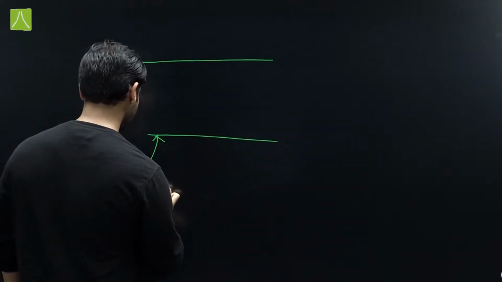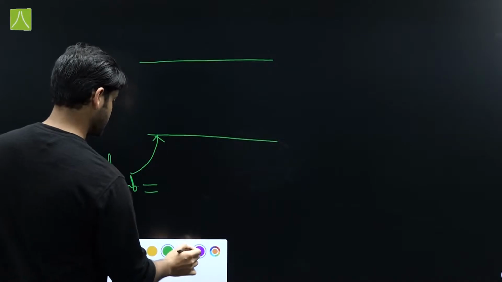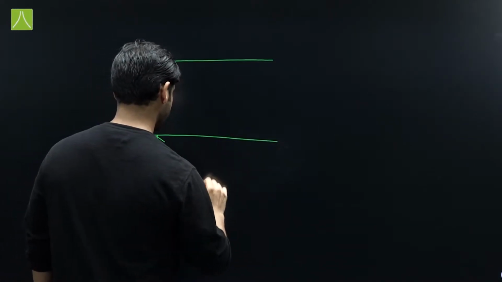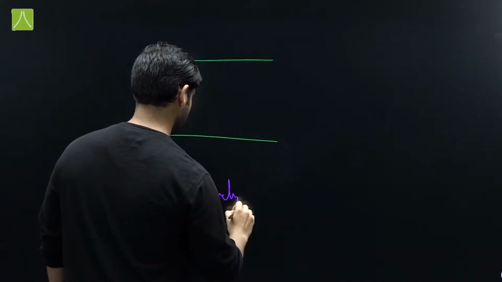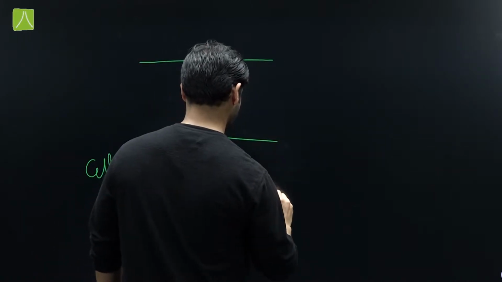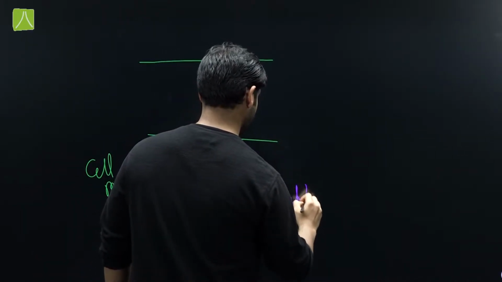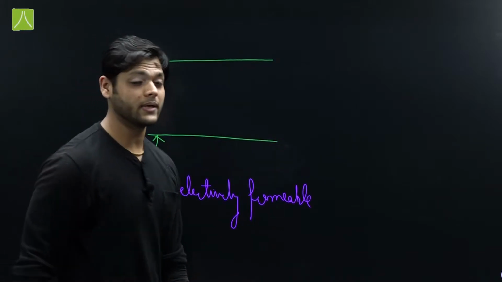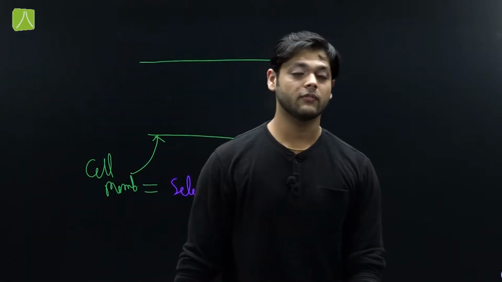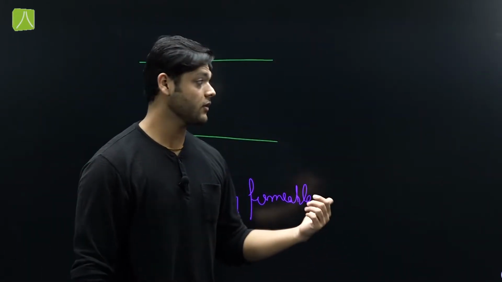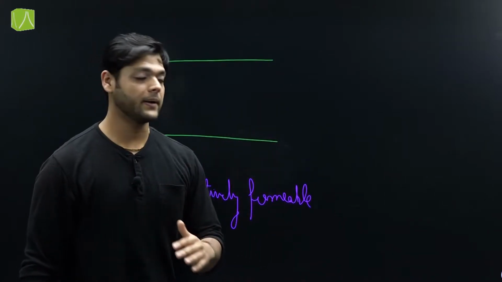The reason is the cell membrane is selectively permeable, and it is hydrophobic in nature. If you remember why it is hydrophobic in nature, it is just because it contains lots of lipid in between.